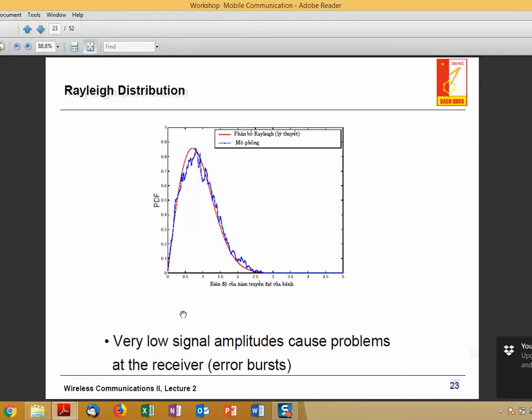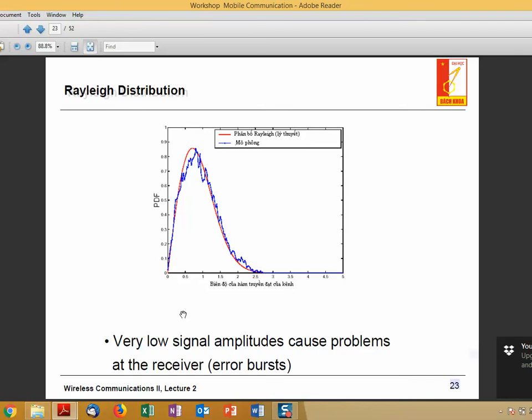Here, in this distribution, you will observe that the signal with higher amplitude does not suffer from the fading.